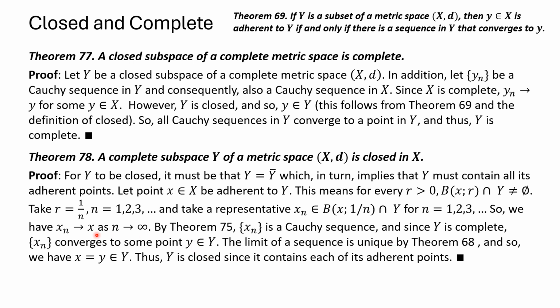So this y must equal that x. So little y is in our capital Y, and we've shown that any point adherent to Y is also an element of Y, and that means that Y is closed.